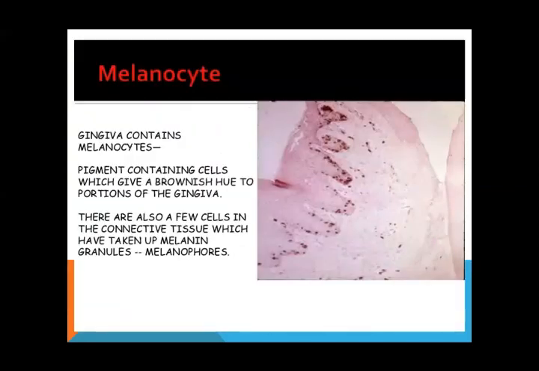Melanocytes: gingiva contains melanocytes, okay? Pigment containing cells give a brownish hue to portions of the gingiva. There are also a few cells in the connective tissue which have taken up melanin granules, called melanophores.